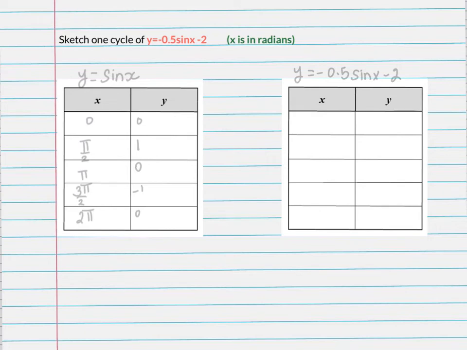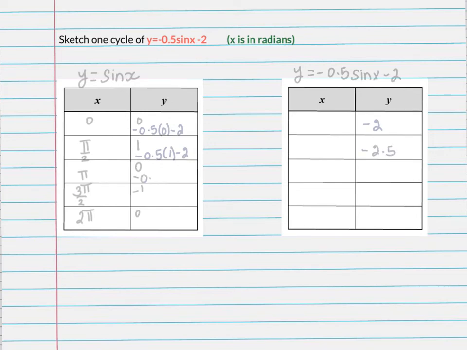So we will have negative 0.5 multiplied by 0 subtracted by 2, and the value will be negative 2. Also here we have negative 0.5 multiplied by 1 and then minus 2. So minus 0.5 minus 2 will be negative 2.5.